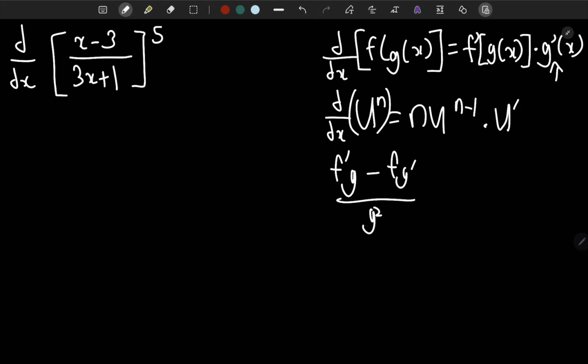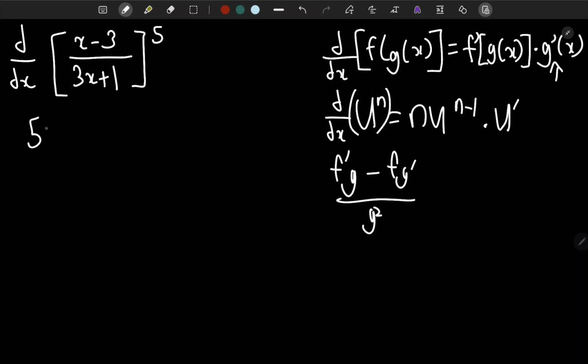So in our last example here, we need to use the chain rule plus the quotient rule, since we have a fraction over here, and we can see the format for the chain rule plus the quotient rule. So let's do that. First step again, u is this inner part, which is (x minus 3) over (3x plus 1), and n is 5.